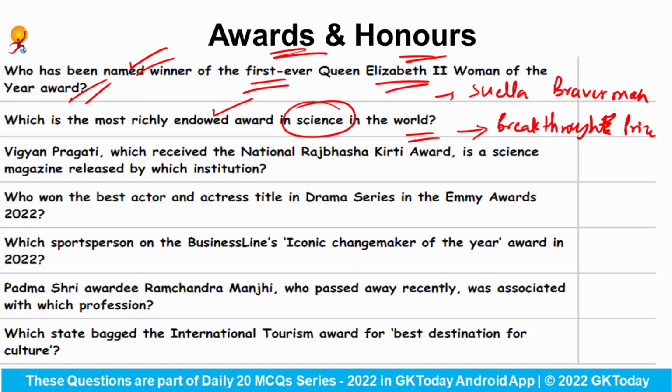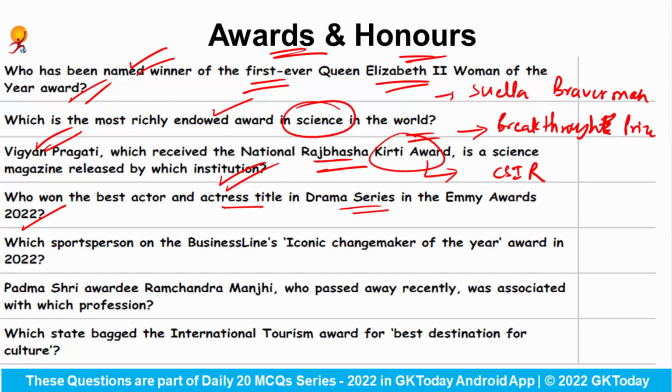Vigyan Pragati, which received the National Rajbhasha Kirti Award, is a science magazine released by which particular institution? So this award has been presented to the magazine Vigyan Pragati, which is released by the CSIR. Who won the Best Actor and the Actress title in Drama Series in the Emmy Awards 2022?